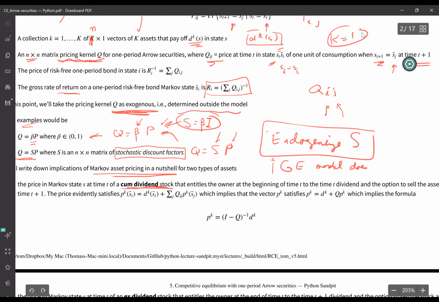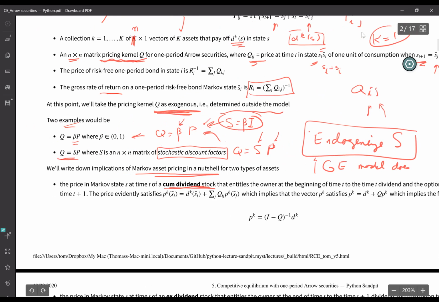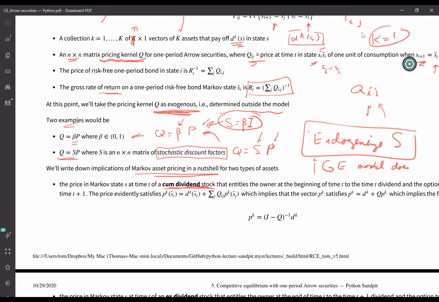What's a cum dividend stock? You buy the stock today and you get the dividend today, and then tomorrow you get the right to sell the asset before the dividend's paid.